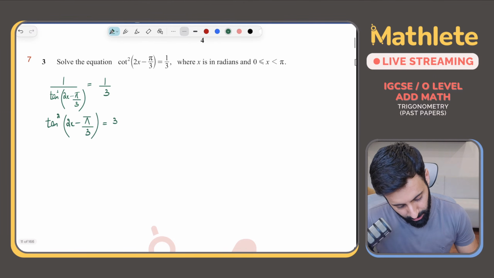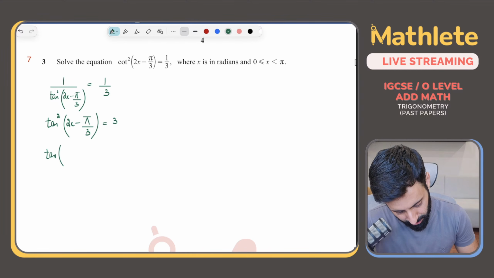Okay. So when we take the square root on both sides, we get a plus minus. That means tan of (2x minus pi upon 3) equals plus minus under root 3.